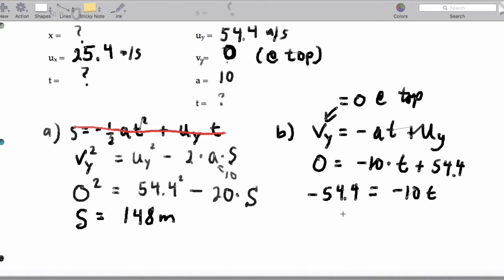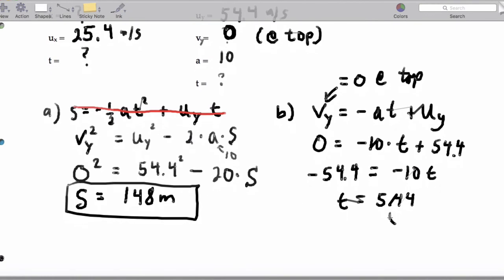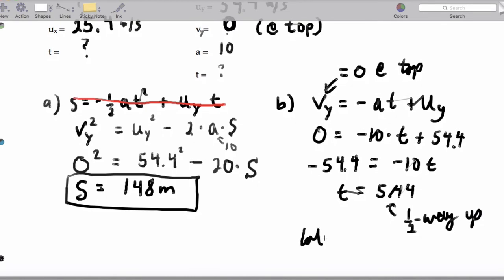And so we're going to end up getting t is 5.44. And this is just to go halfway up. So the total time is 2 times 5.44, which is going to give us 10.88.